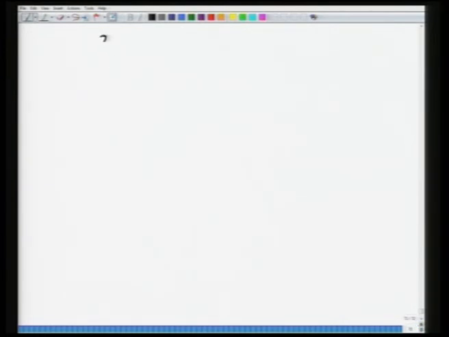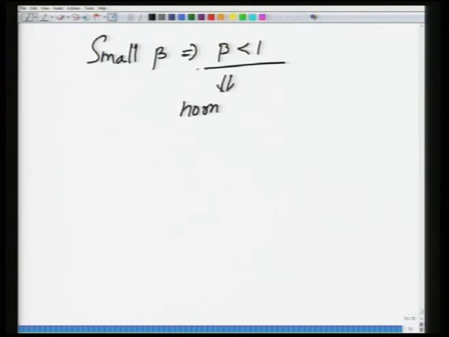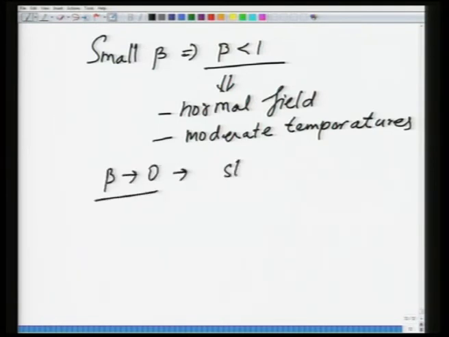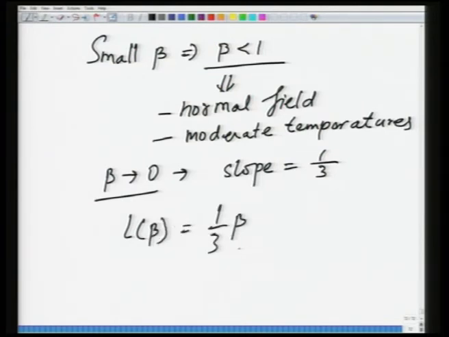On the contrary, small values of beta, which means beta is smaller than 1, would mean normal field, the normal magnitude of field that we encounter in devices, and moderate or high temperatures closer to room temperature, etc. For beta closer to 0, the slope, as I said, is equal to 1 by 3, and as a result L(beta) for smaller values is given as beta by 3, and this is what we use for the calculation of average mu.